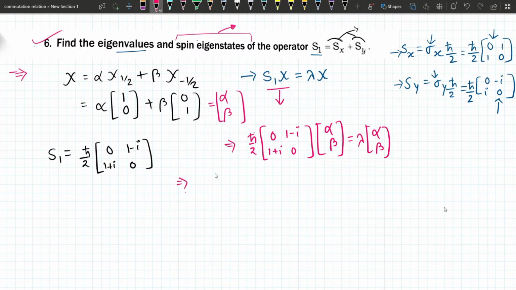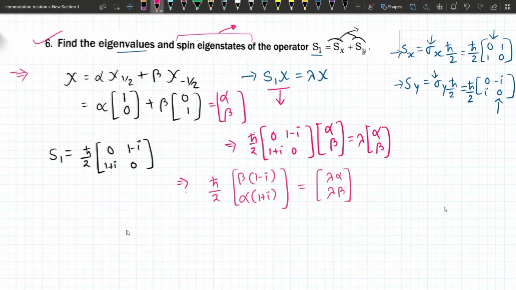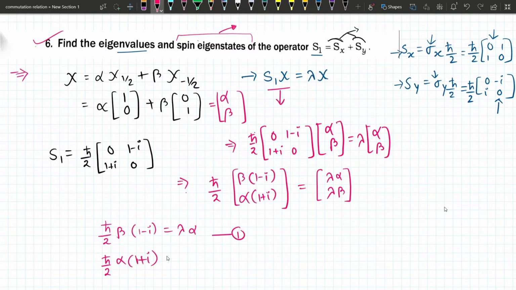Now if we calculate it, this will be this, and from here you can understand that h cut over 2 into beta into 1 minus iota equals lambda alpha. This is one equation, and the other equation will be h cut over 2 alpha into 1 plus i equals lambda into beta.